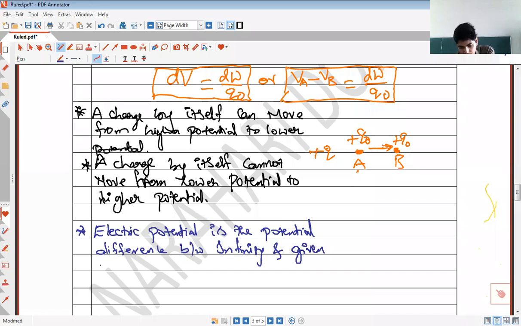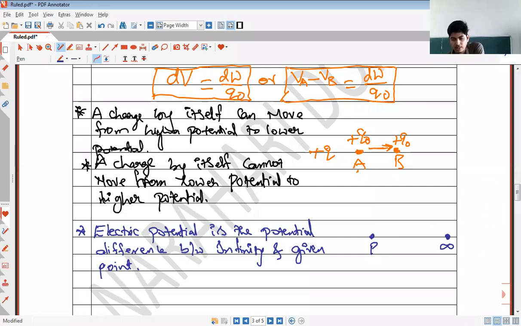Potential difference is defined as the amount of work done to move the charge from one point to another point. Suppose one point is at infinity and another point is in the electric field, what do you define? You define electric potential.